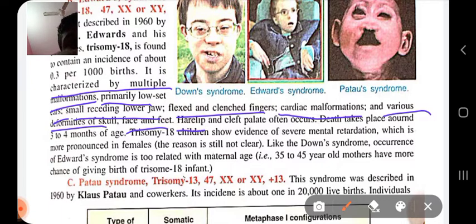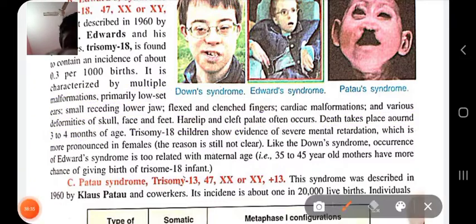Hair lip and cleft palate, which in Bengali we say talu, often occur. Death takes place around 3 to 4 months of age. This is the main thing that we can see.